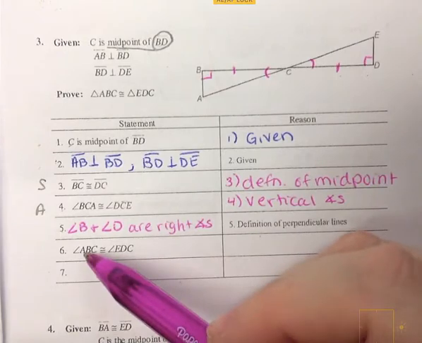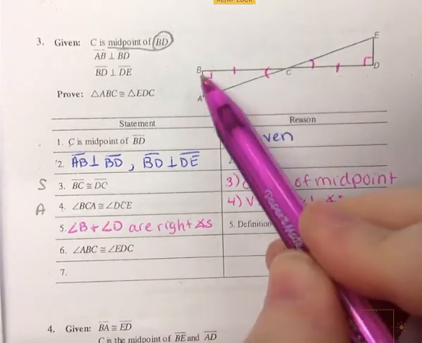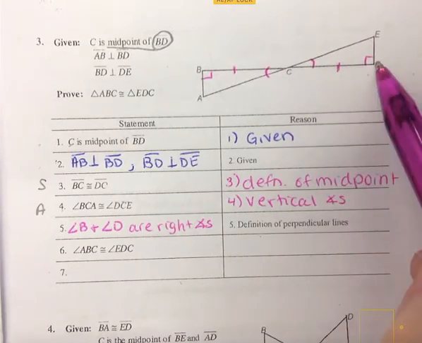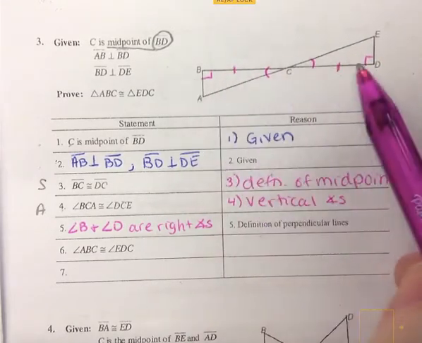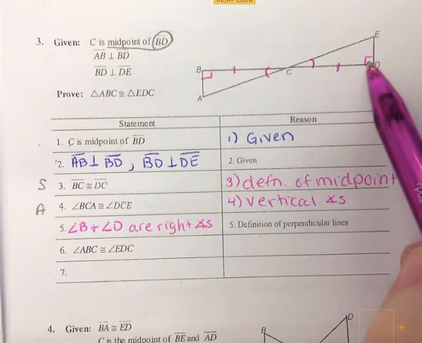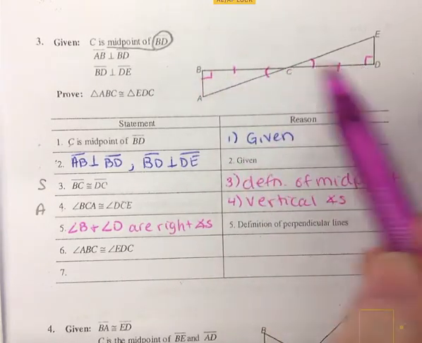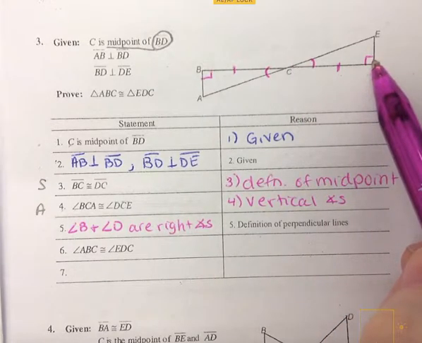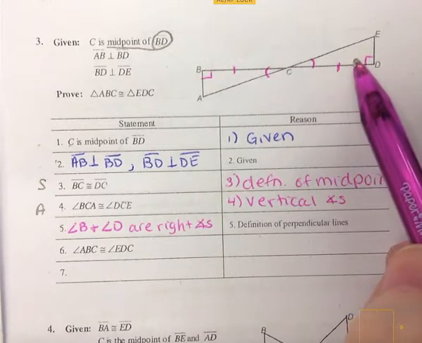Now it says that angle ABC, which is that right angle, is congruent to angle EDC, which again is that right angle. Well, right angles are both 90 degrees. So if they're both the same measure, then the angles are congruent. All right angles are 90 degrees, so all right angles should be congruent.